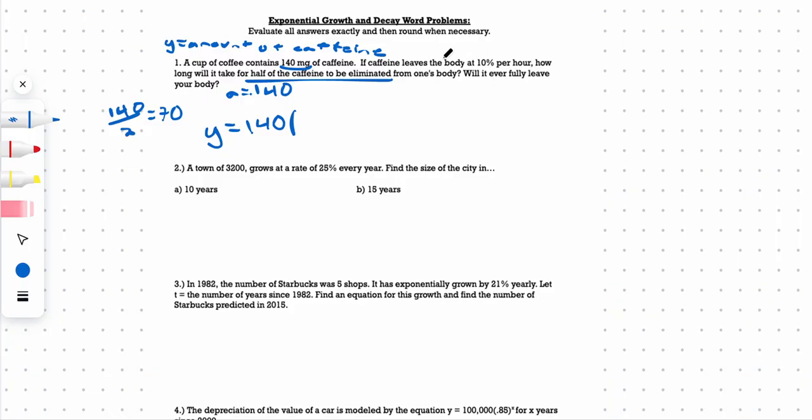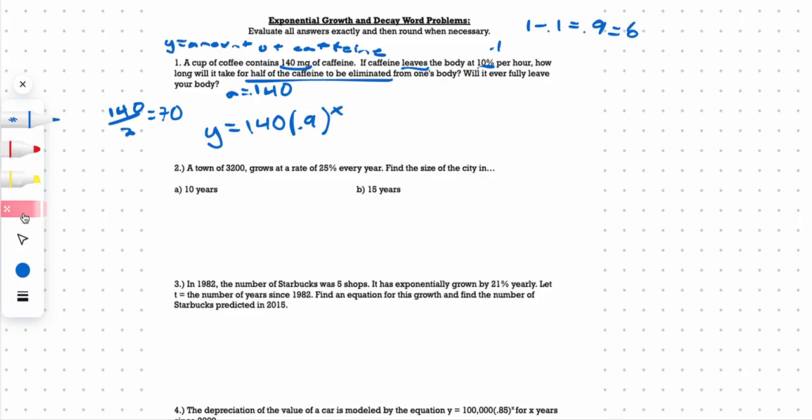Well, it's leaving, which means it's decreasing at 10% per hour. So 10% as a decimal is 0.1, and since it's leaving, we're going to be doing subtraction. 1 minus 0.1 equals 0.9. So we're going to write 0.9 as our B value, 0.9 to the x power, where x is each hour.